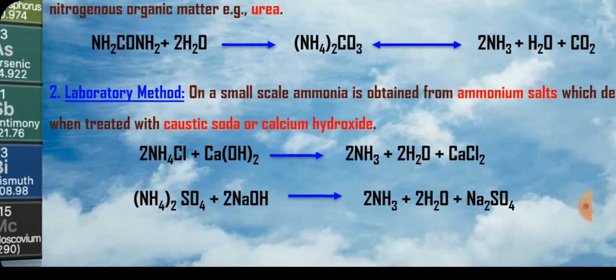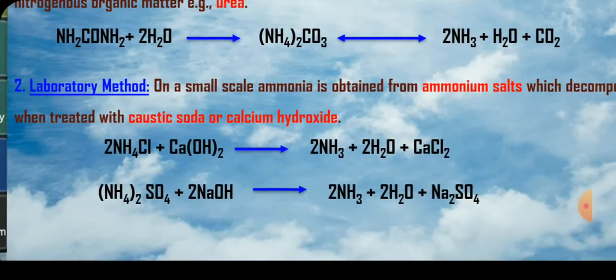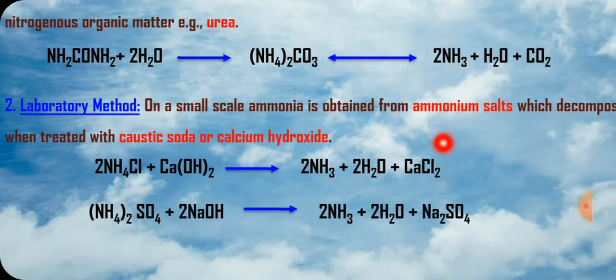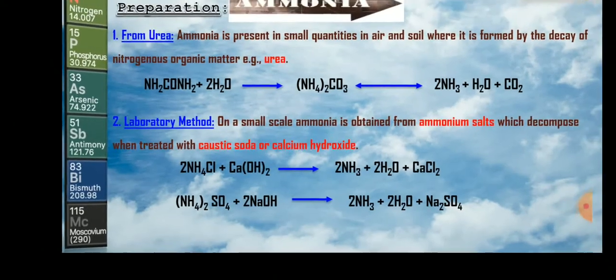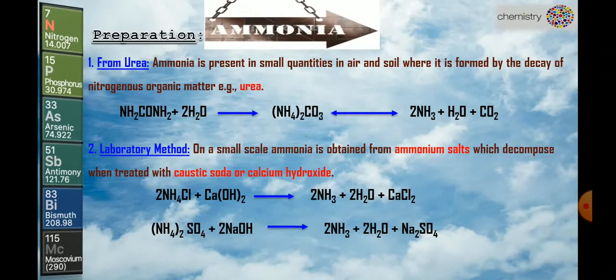So what can we conclude? In the laboratory we can prepare ammonia by treating an ammonium salt. In the first reaction we have taken ammonium chloride salt, in the second reaction ammonium sulfate salt. When you treat with calcium hydroxide or sodium hydroxide, you will end up with ammonia. These two are laboratory methods of preparation.